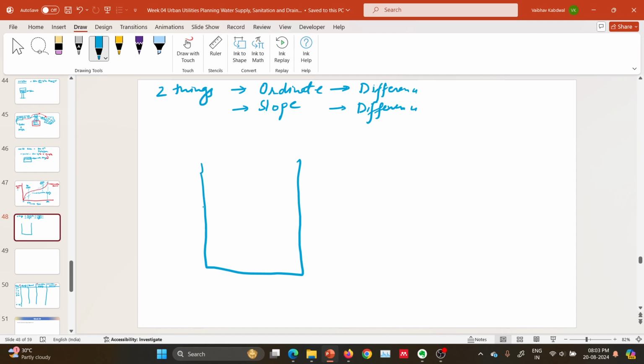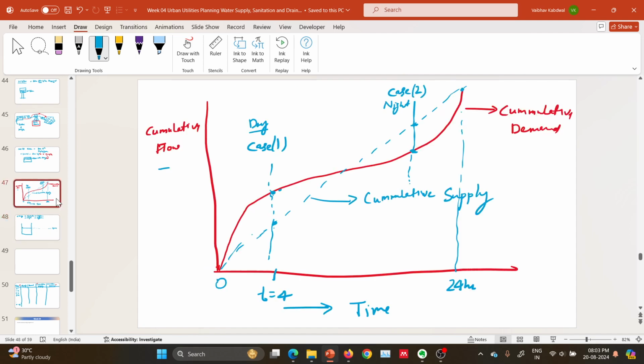At t equals 0, we should have some water. And as the time is increasing, the demand is more than the supply.